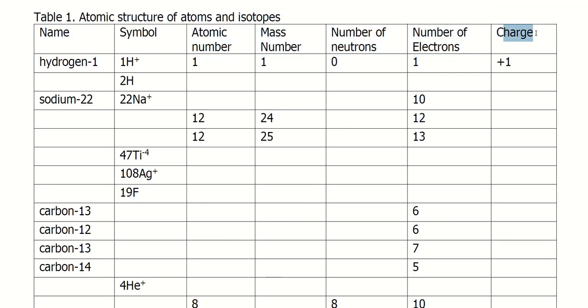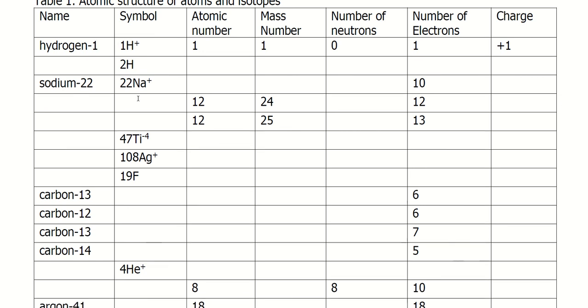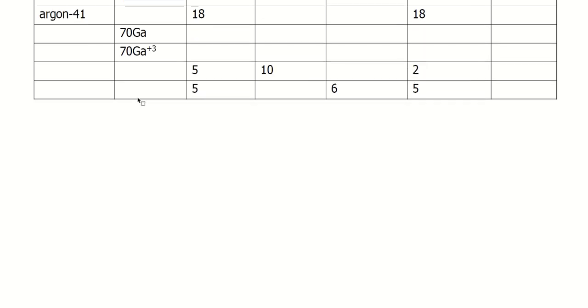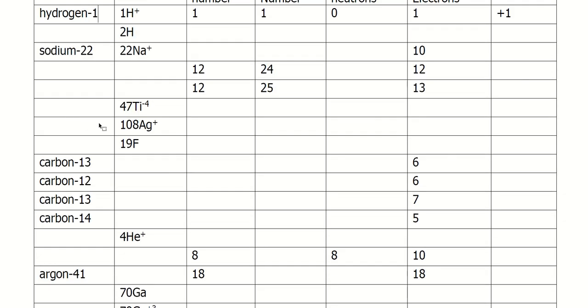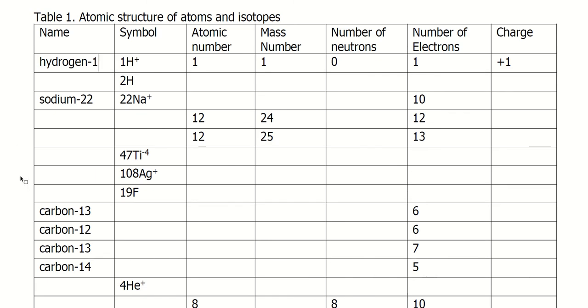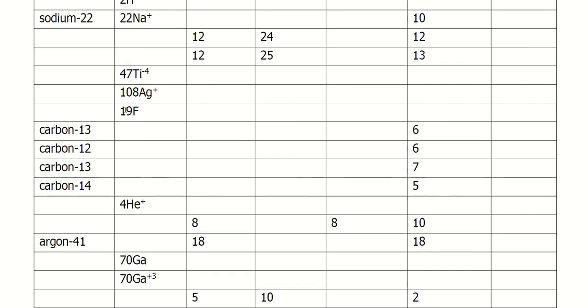At the end, the last column is the charge. This first example here is hydrogen. It shows you how everything should look. And remember that at the end, once you get everything filled out, you will draw some arrows, or you can color code however you want, to show me which are isotopes of each other on this table.